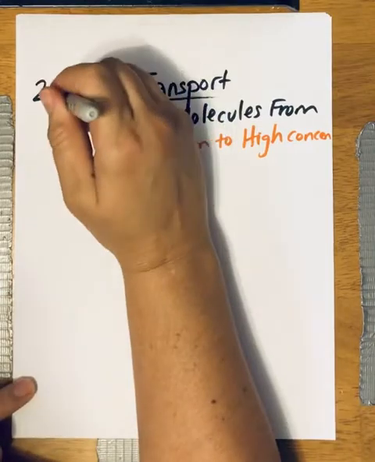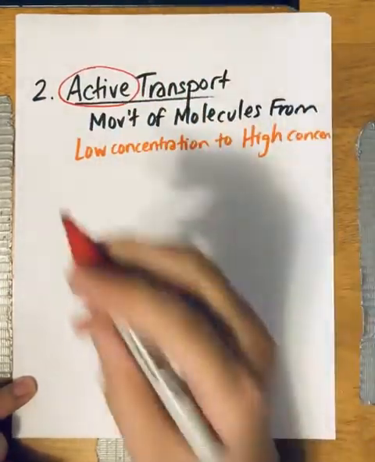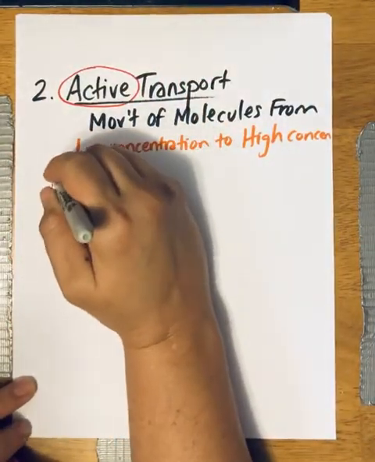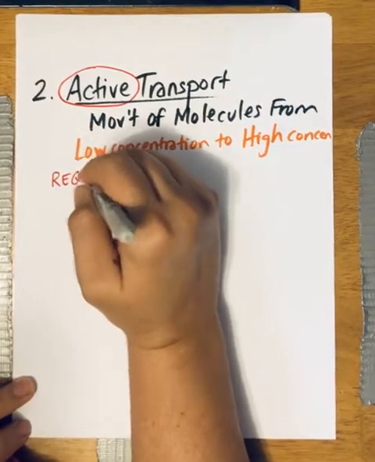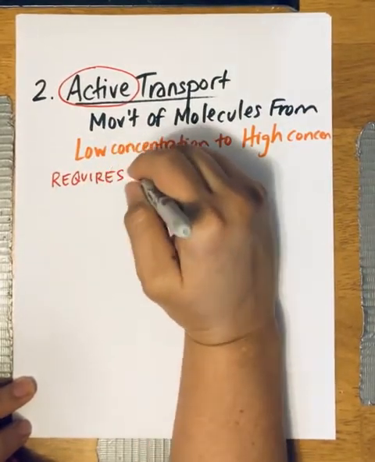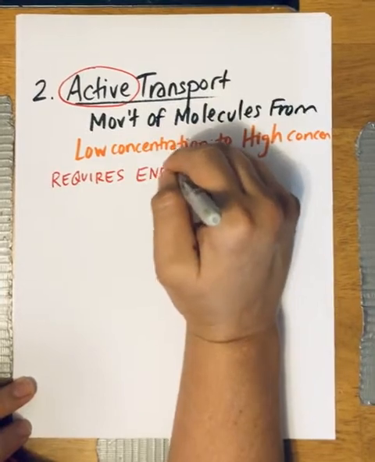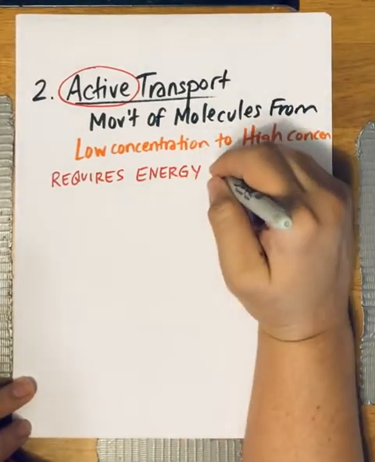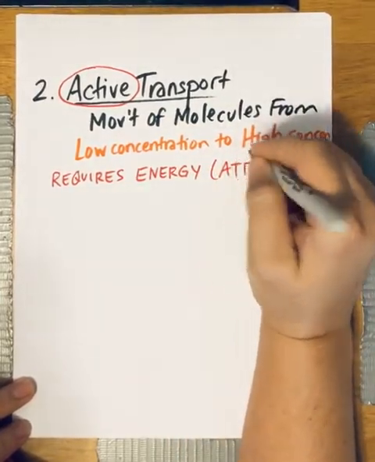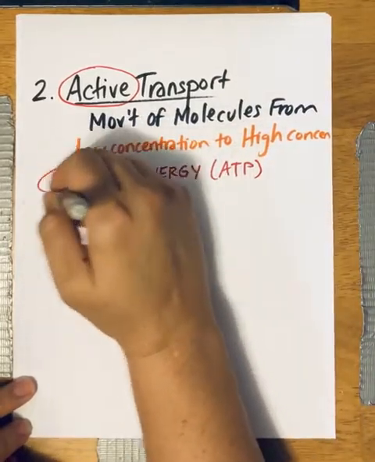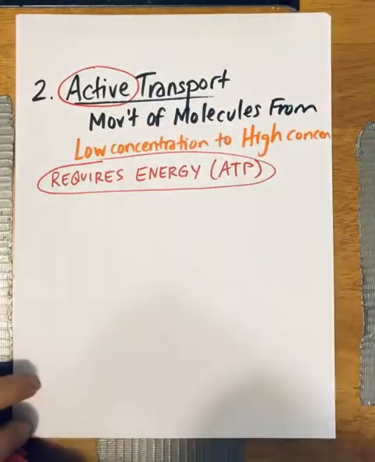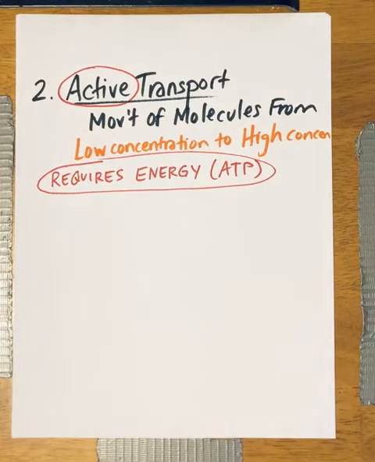The word active, think ATP, it requires energy, which is ATP, the energy currency of all cells. That's what active transport means.